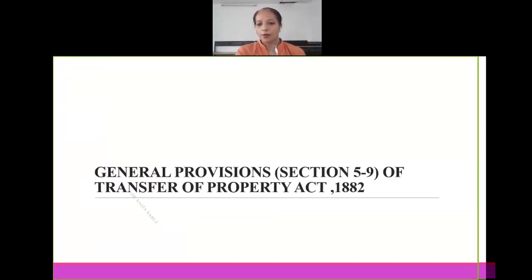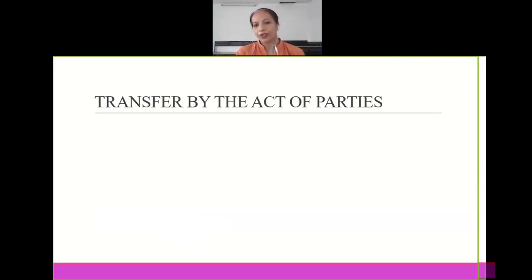If we talk about this particular general provision, we would come to know that whatever transfers take place under the Transfer of Property Act are transfers done by the act of the parties. As we have already studied in our earlier lectures, the Act only deals with transfers relating to properties which take place between two or more living persons.